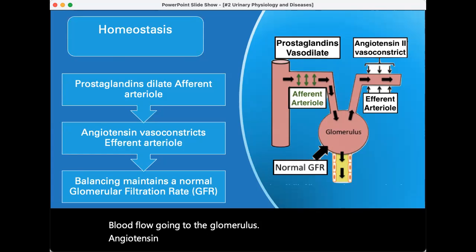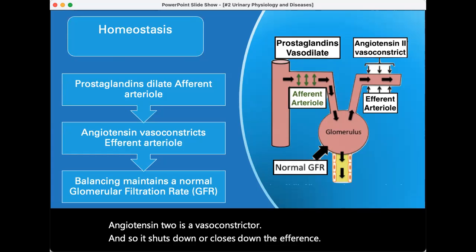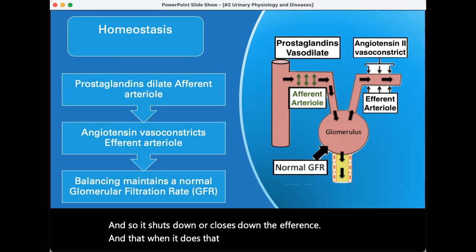Angiotensin II is a vasoconstrictor, and so it shuts down or closes down the efferents. And when it does that, it allows more filtration. GFR stands for glomerular filtration rate.